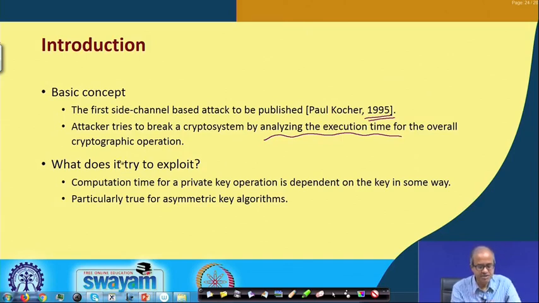And in this process, what are you trying to exploit? You see, if you look at asymmetric key algorithm, you have already briefly seen how public key cryptographic algorithm works. We have seen that RSA, we have mentioned RSA is the most widely used public key algorithm that is being used today.